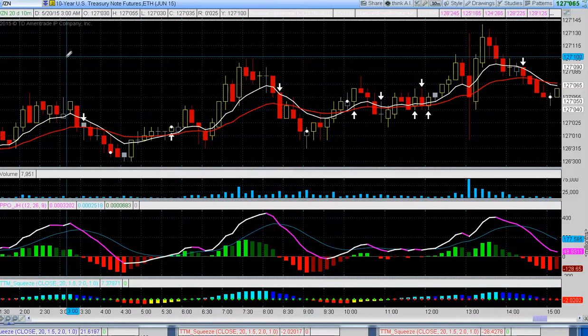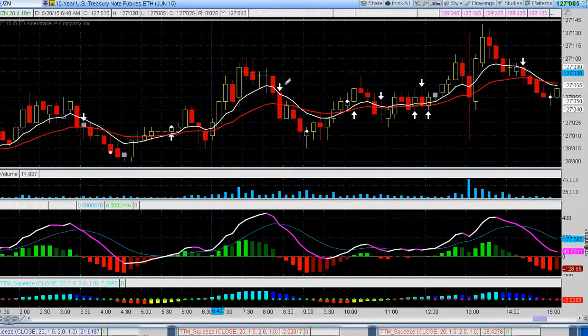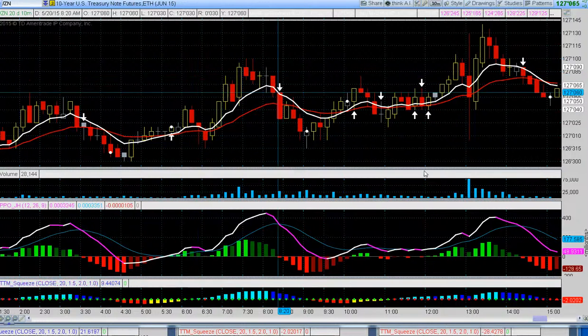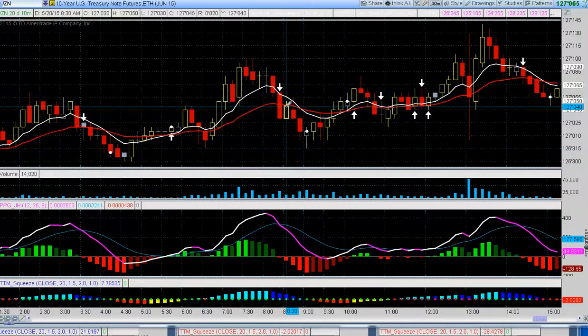That way you'd have a runner: take some early profit on one contract and leave one on to move a stop down and try to catch a runner if something really takes off. That's one reason why you might want to look at the 10-year or the 5-year. And the 5-year splits the risk even further, so you could put on three contracts to the one contract on the 30-year, for example.